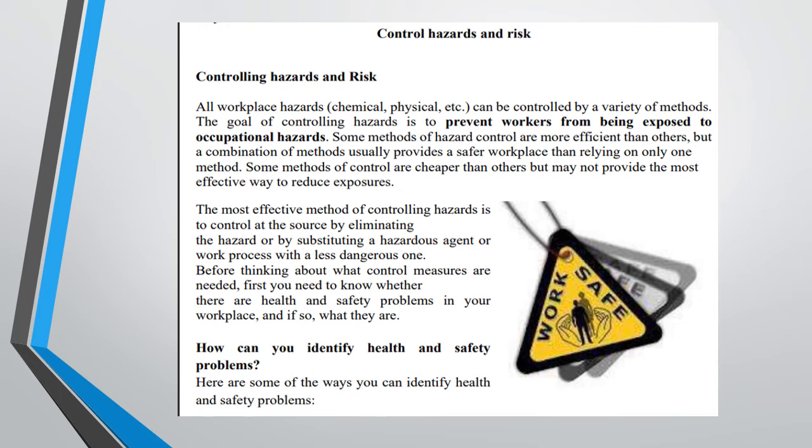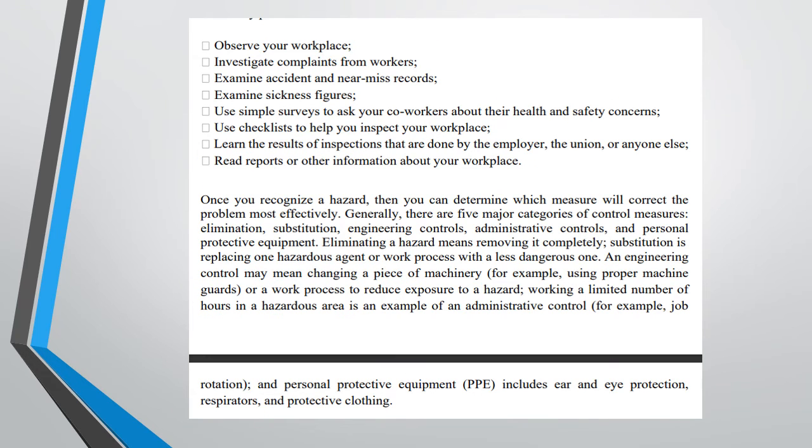Before thinking about what control measures are needed, first you need to know whether there are health and safety problems in your workplace and, if so, what they are. How can you identify health and safety problems? Here are some ways.